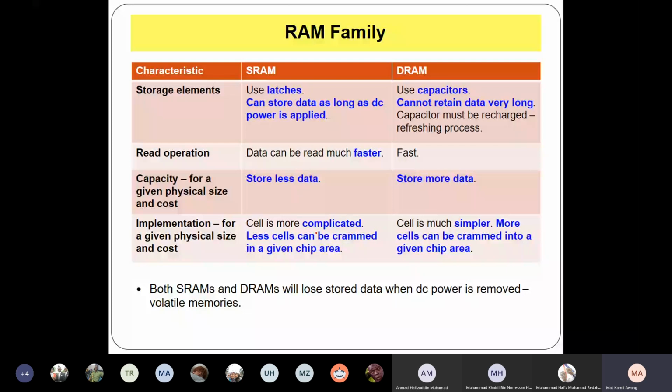Whereas DRAM uses a capacitor. It cannot retain data very long, so the capacitor must be recharged. So you have the refreshing process. Remember last semester, when we learned about charging and discharging of the capacitor, this is one of the usages: you charge the capacitor for you to store the data.